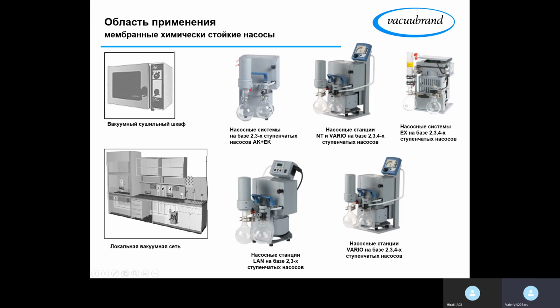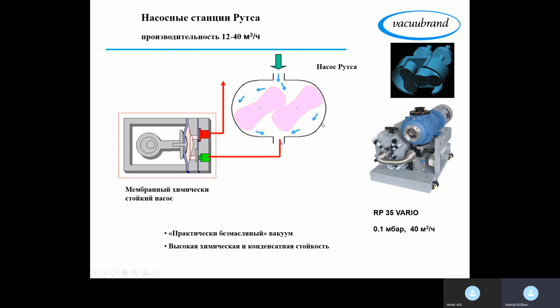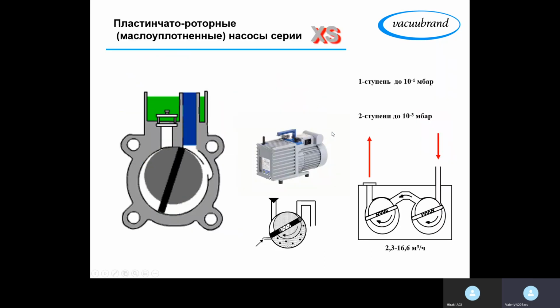They also have some protection, like protection from dust, which is very important when we're talking about a vacuum drying oven, because indeed you will have some dust inside the vacuum drying chamber, since you are drying something up to solid. The same station but with the controller is the explosion proof one. And here we have the models for the local vacuum net. I will explain it to you a bit later on and give you a quick description. Let's keep this one.